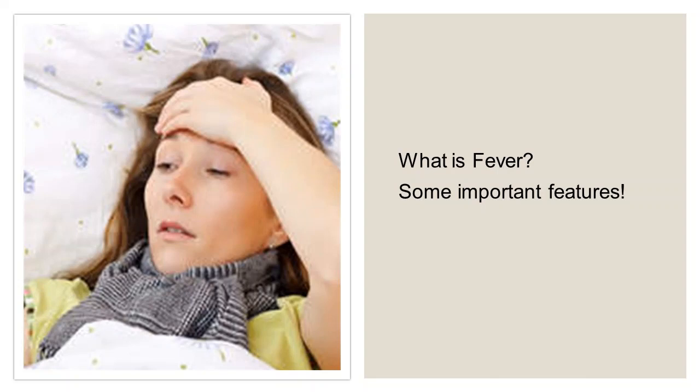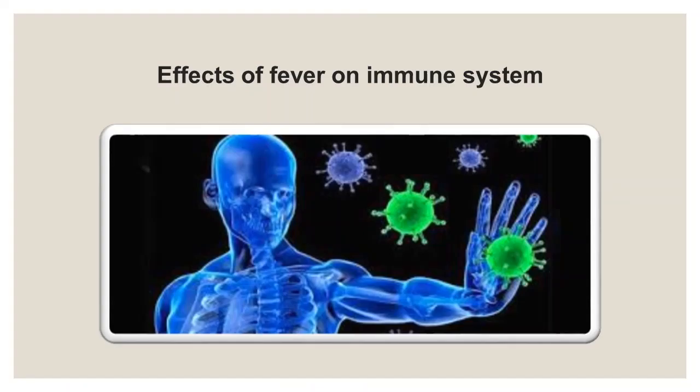The body's defense mechanisms seem to work more efficiently at a higher temperature. Fever of 104 degrees Fahrenheit or 40 degrees Celsius or higher may be dangerous, demanding prompt medical attention. Such a high temperature can result in delirium and convulsions, particularly in infants, children, and the elderly.